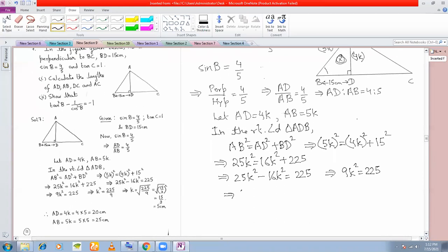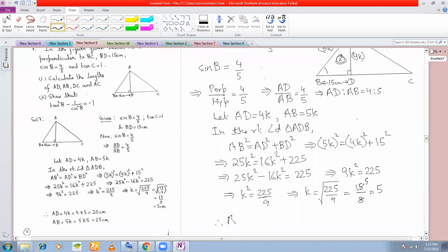That means K square is equal to 225 divided by 9. Take the positive square root here, then K is equal to square root of 225 by 9. Square root of 225, this is 15 and this is 3. So this is 5. So we're getting K is equal to 5.